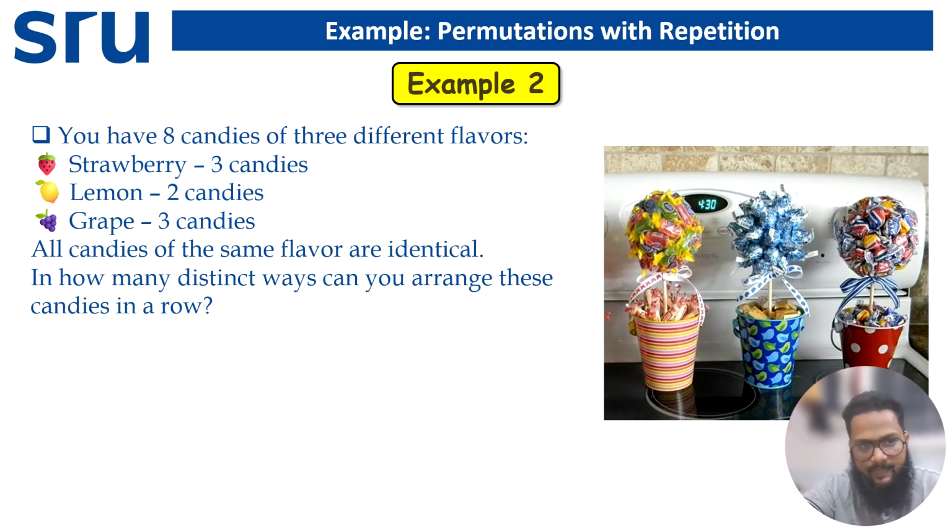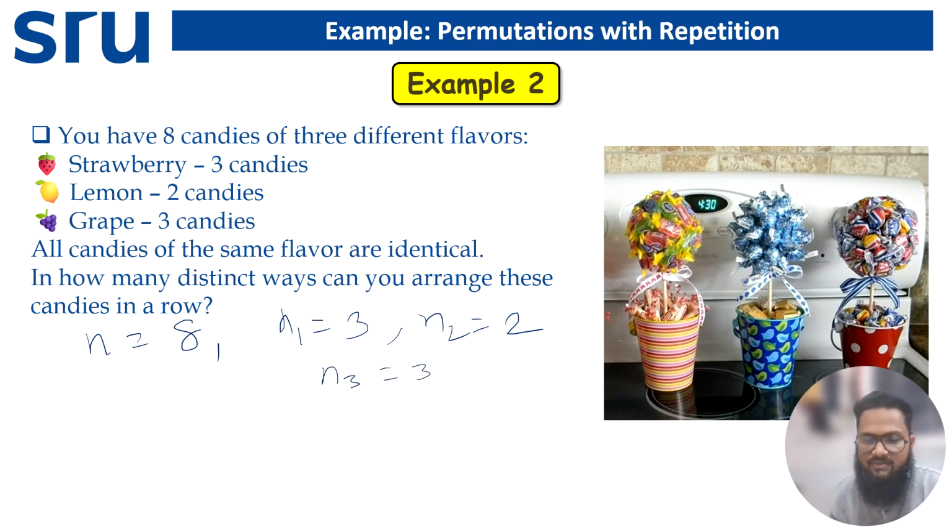Again, lemon flavor candies you have 2, and grape you have 3. So the total number of candies is 8, but you have repeated elements. So the total number of elements n is 8, and n1 represents the strawberry candies, so n1 is 3. n2 represents lemon, so it is 2. n3 is grape, so it is 3.